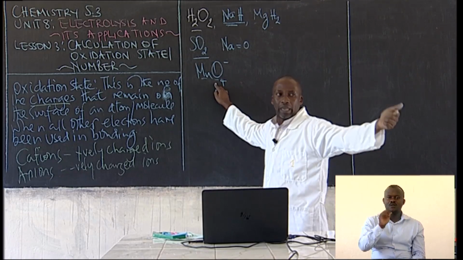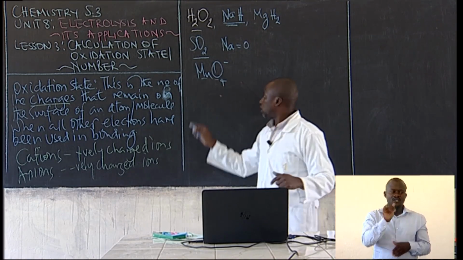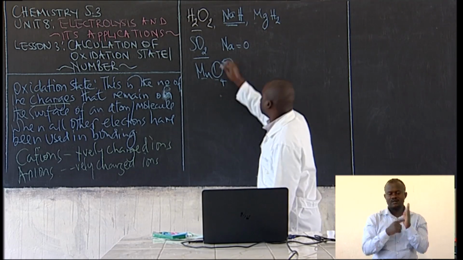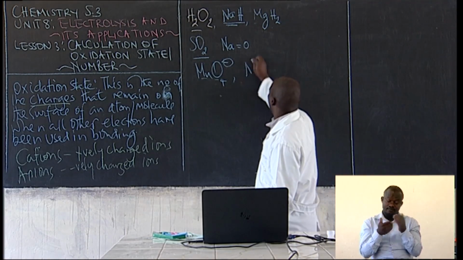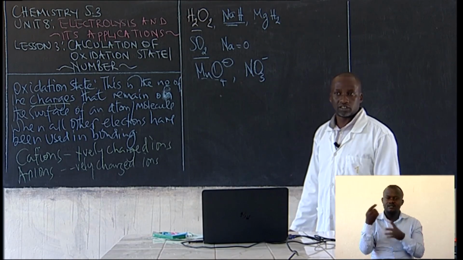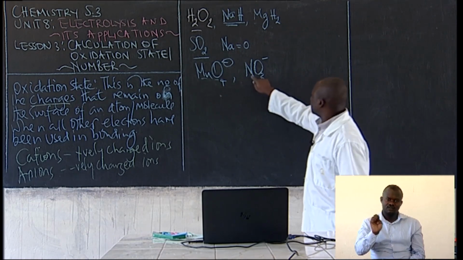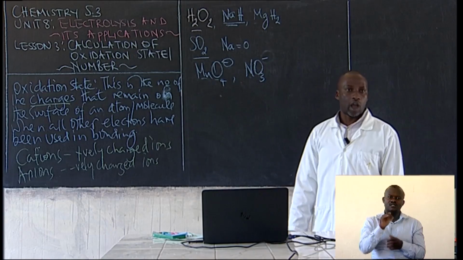Poly means many. The sum of these ions, the sum of the oxidation state of these elements is equal to this charge. You may have another one, NO3. What is the name of this? We call it a nitrate. These are radicals. The sum of nitrogen and oxygen is equal to -1.